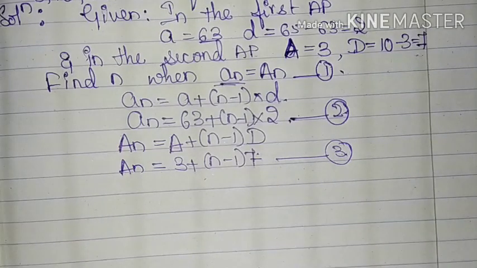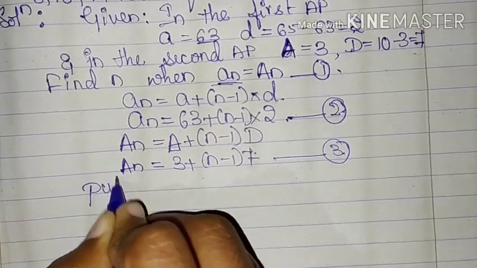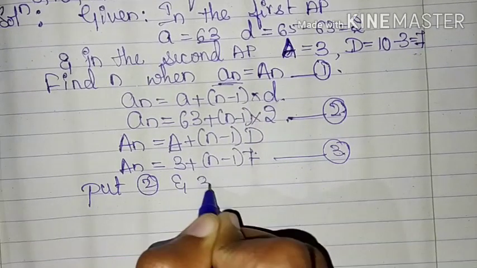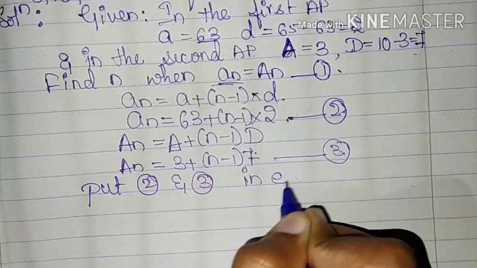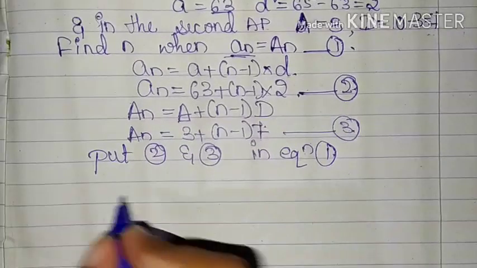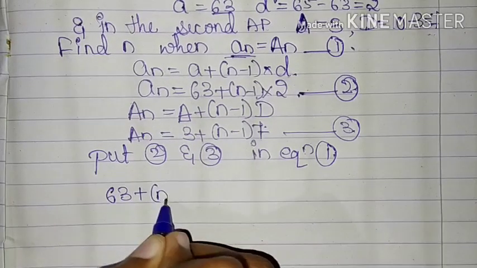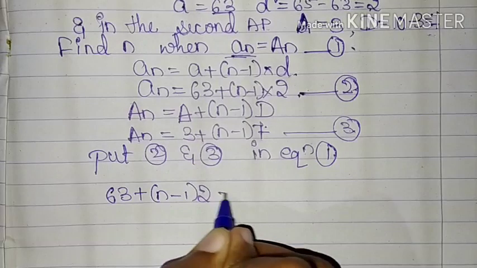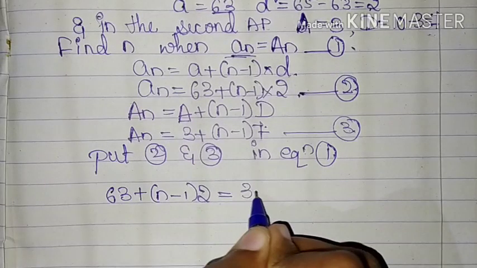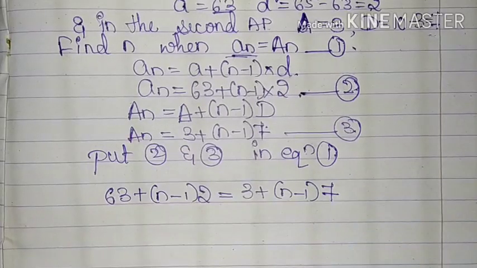We have to find the value of n where small an will be equal to capital AN, that is equation 1. So put 2 and 3 in equation 1. We will get 63 plus n minus 1 into 2 is equal to 3 plus n minus 1 into 7. Now let's rearrange.